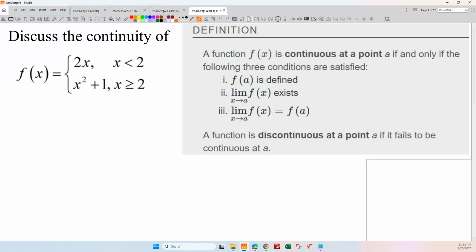Where we're transitioning between pieces, at 2, could be the issue. So let's check it out and see. Let's go through the checklist. Is the function defined at 2, since a is 2 in this case? Thumbs up or down? For sure. What is f of 2?